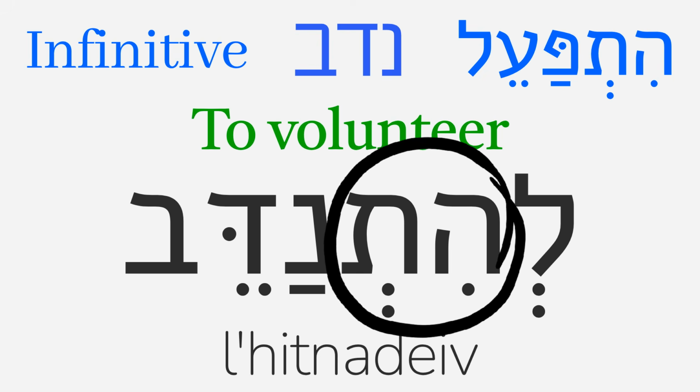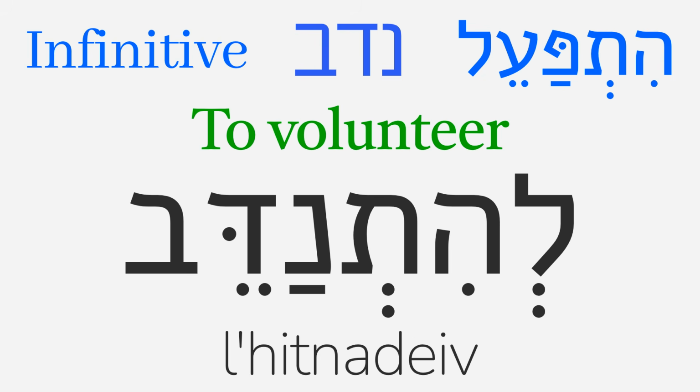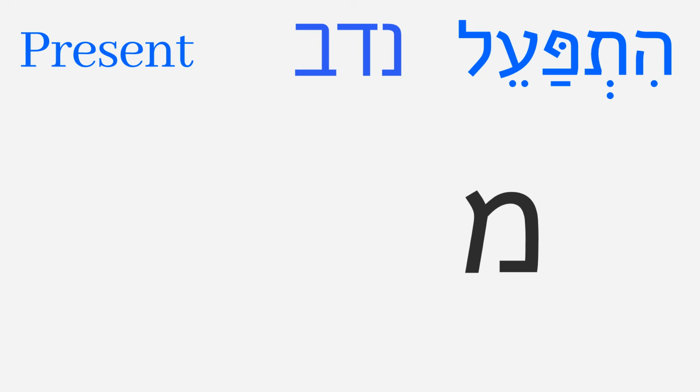That he-tav prefix on hitpael infinitives is the most distinctive feature of this binyan. In some tenses, the he will be replaced with another prefix, but the "et" sound always remains. One tense that doesn't have the he in the prefix is the present tense, which we'll learn now. Hitpael present tense verbs will have a mem as their first prefix letter instead of the he, and the mem will be followed by the rest of the hitpael prefix, "et".